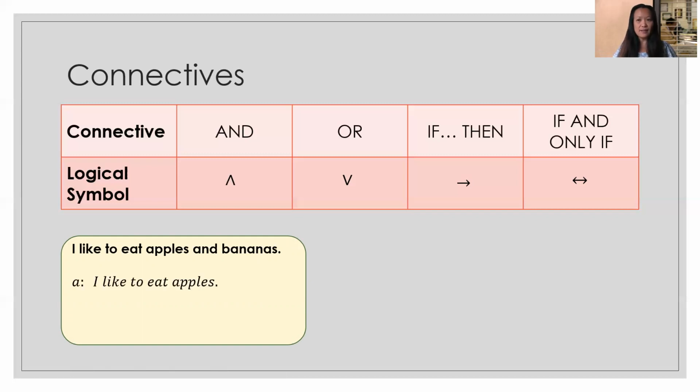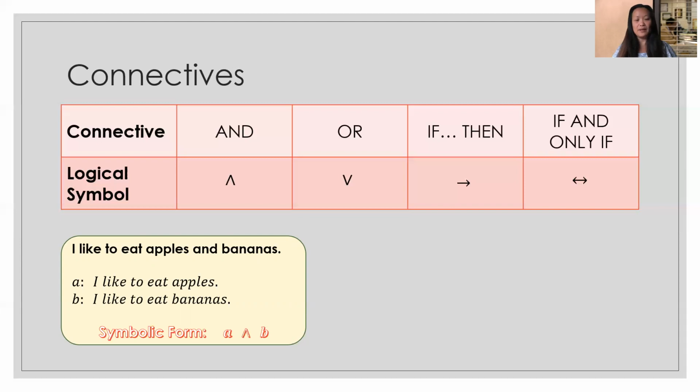Statement A is, I like to eat apples. And statement B is, I like to eat bananas. So that compound statement, I like to eat apples and bananas, is translated into the symbolic form of A and B. And that's how you would write that. And that's how we read that.